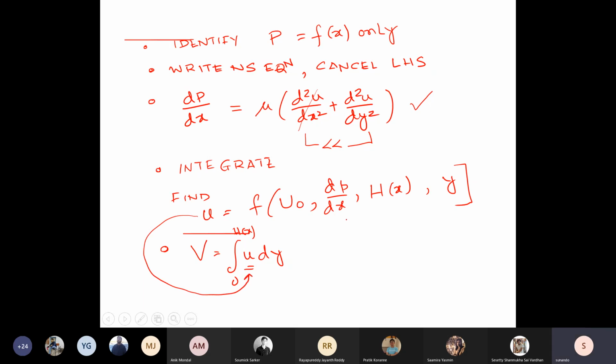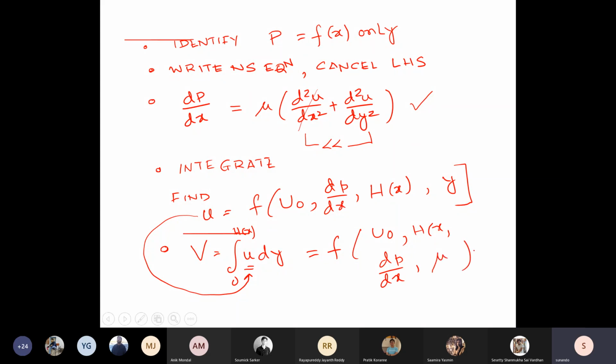Then we would be able to obtain V as a function of U naught, H(x), dp/dx, and the property mu.